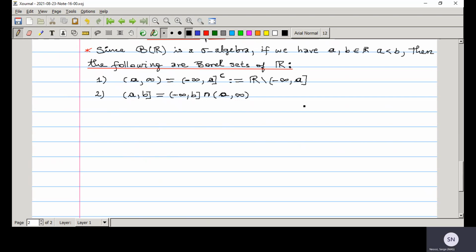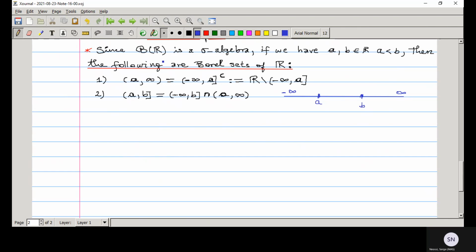So A is less than B. For this one, let me draw something here. This is negative infinity here, and this is infinity. We have two elements here, A and B, two distinct elements, because we say that A is less than B. The sign doesn't matter, we just need two elements.